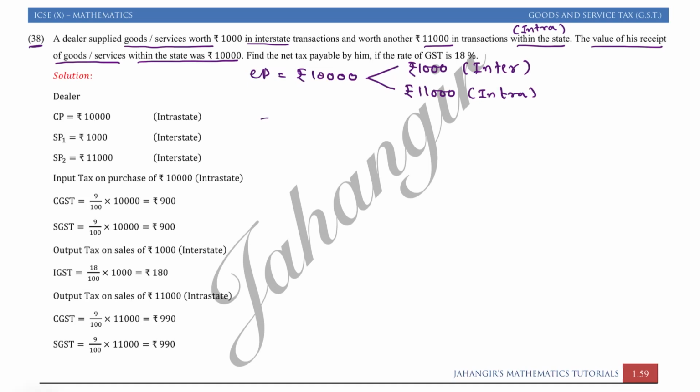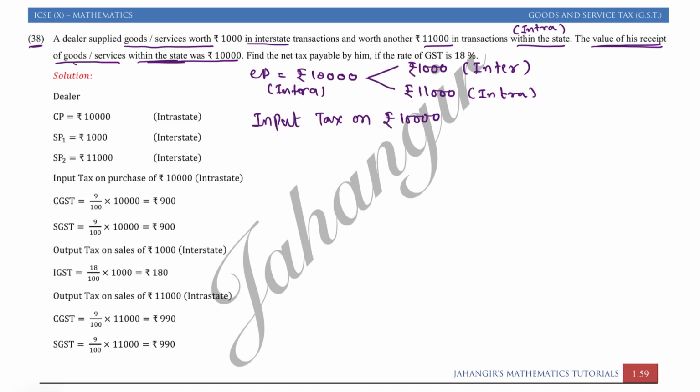So first we will find input tax. Input tax on rupees 10,000. 10,000 is the purchase value. Input is always on purchase. Input is intra. It's given within the same state. In the question, it is the value of receipt of goods within the state.